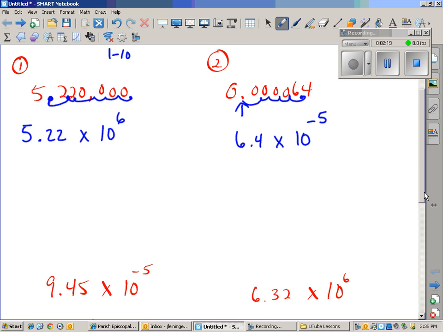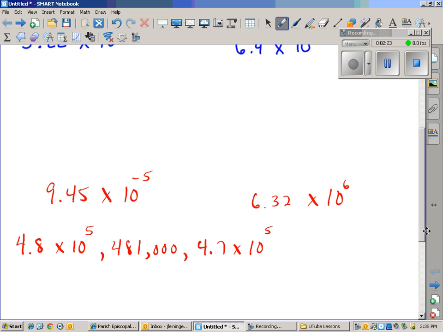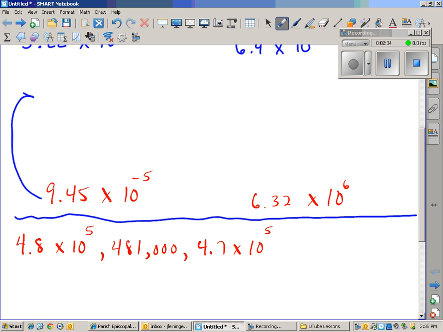The other examples I wanted to run through with you are turning a number back into standard notation when it's in scientific notation. Somehow these got kind of crowded together, so what I'm going to do is work this problem right here. 9.45 times 10 to the negative 5.